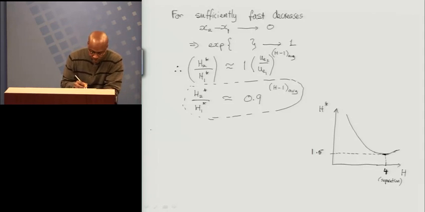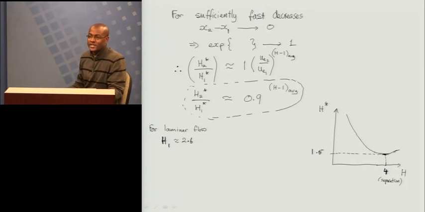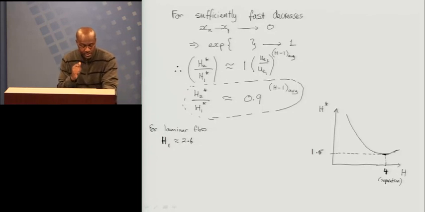For laminar flow over a flat plate, we have H1 about 2.6, that's the gaseous case, and the corresponding H1* value is about 1.55.